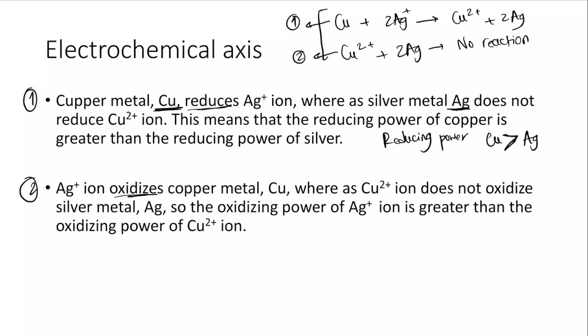Okay? So when we compare oxidizing power, we always look at the oxidizing agents. Because what is the component inside the reactant that makes the other element undergo oxidation? It's those that undergo reduction. They are the oxidizing agent. So Ag+ ion oxidizes copper metal, Cu, whereas Cu2+ ion does not oxidize silver metal, Ag.